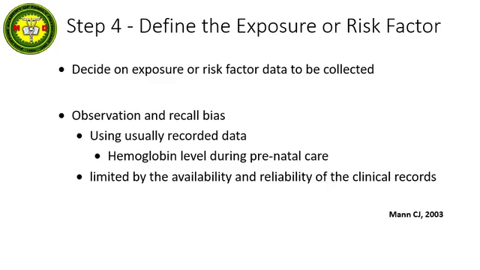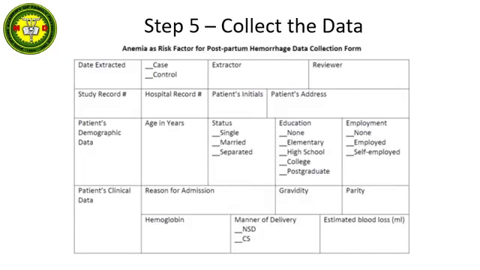It's a standard that a hemoglobin level of less than 100 milligram per dL during prenatal checkup is considered anemia. And you can get the hemoglobin level from the prenatal record of your patients. So you have now defined the exposure risk factor, which is anemia.